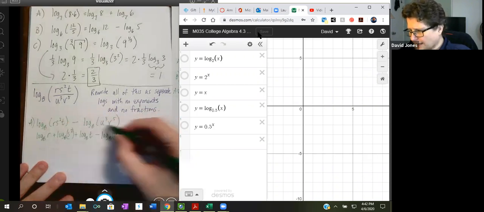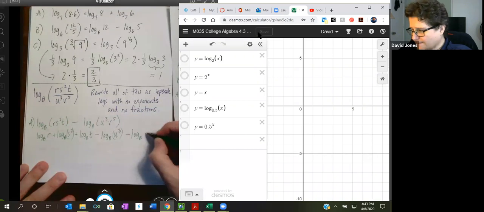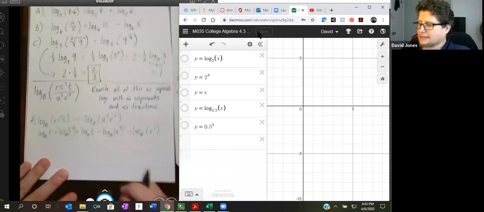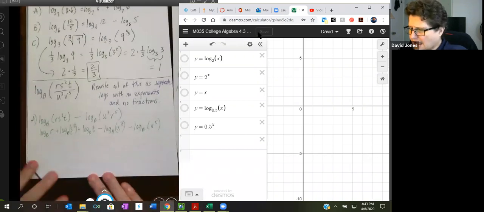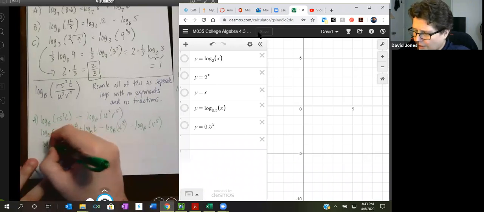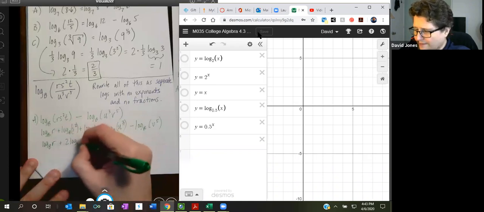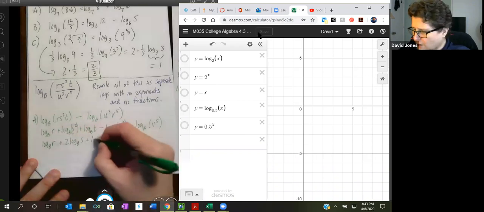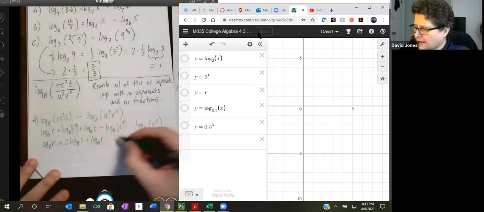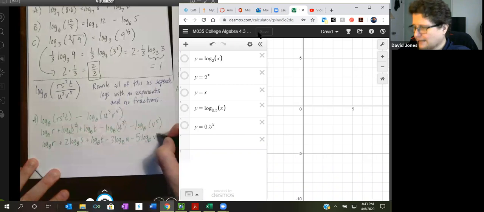And the minus applies to this whole thing. So this is going to be minus log base b of v to the 5th. And finally, I can pull the exponents down. I get log base b of r plus 2 log base b of s plus log base b of t minus 3 log base b of u minus 5 log base b of v.